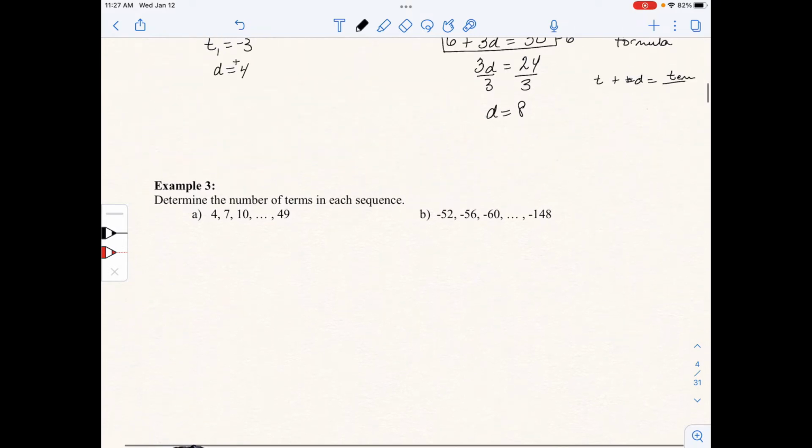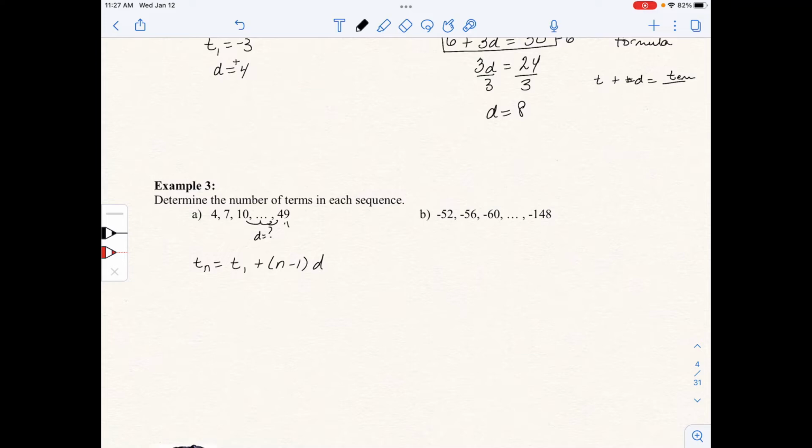Now this next question says, determine the number of terms in each sequence. So I'm going to use my Tn formula for this one, because I don't know how many differences there are, right? We don't know how many differences, but we've got this little formula.